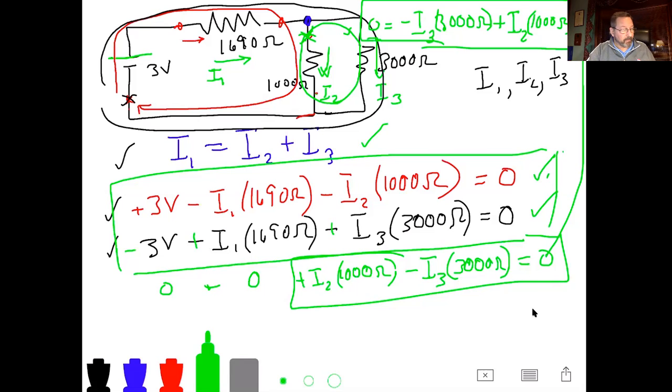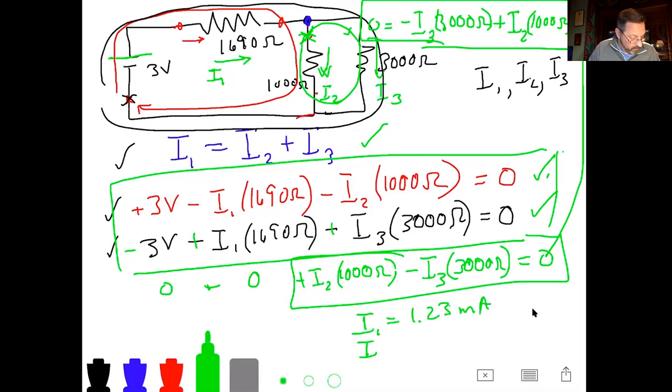And I'm not going to do that in the interest of time here. But for those of you who have a TI Inspire, you could just plug these three equations into the TI Inspire and solve it. Others of you might choose to use Wolfram Alpha to solve the three equations and three unknowns. And if you do, I guarantee you the solution is that I1 is going to turn out to be 1.23 milliamps.